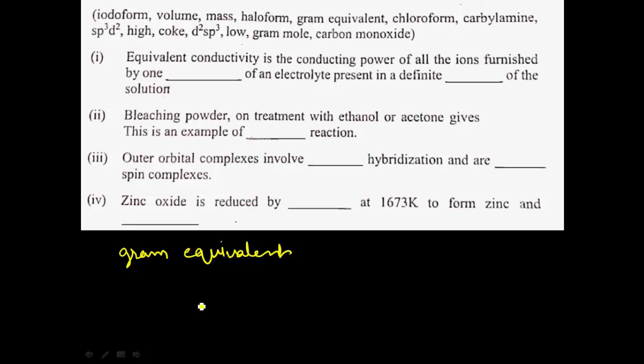Question number 3. Outer orbital complexes involve sp3d2 hybridization and are high spin complexes. Now, let me explain this to you. Outer orbital complexes are formed when a weak field ligand attacks the central atom, right? So the d orbital is used, the s is used, and the p is used.